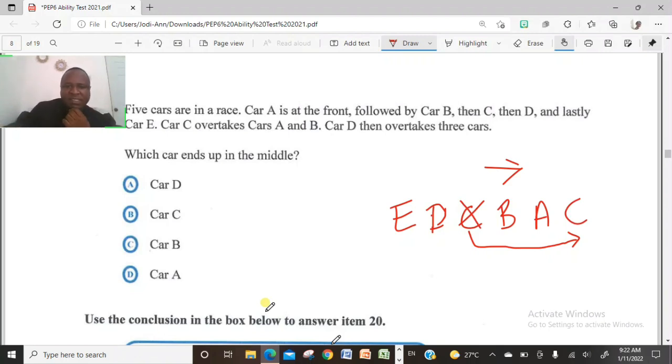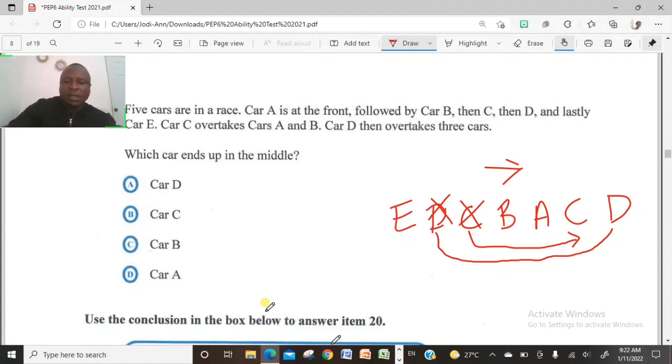All right? So the next part says car D then overtakes 3 cars. So here comes car D now, fastest car. So it passes B, passes A, and it passes C. So this becomes car D, and we X out D from there. Now it says which car ends up in the middle.